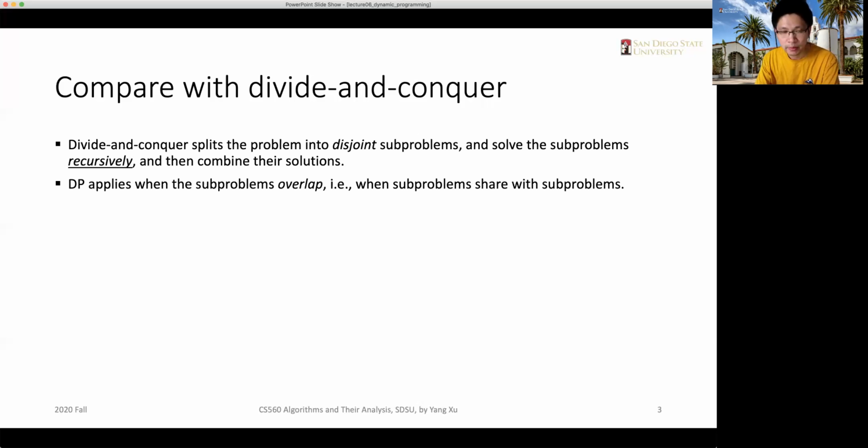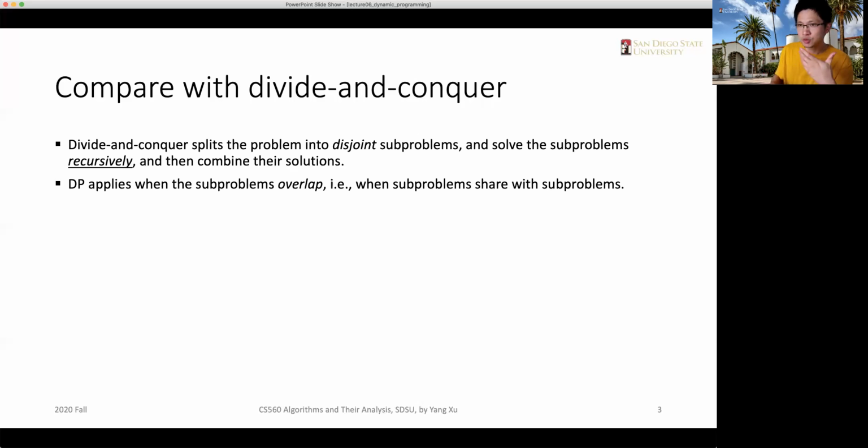But dynamic programming applies when the sub-problems have overlap. Okay, so some sub-problems are shared, so there are a lot of repeated sub-problems. In those cases, solving the sub-problems in a recursive style would cost you redundant time, or there will be redundancy in solving the sub-problems repeatedly.